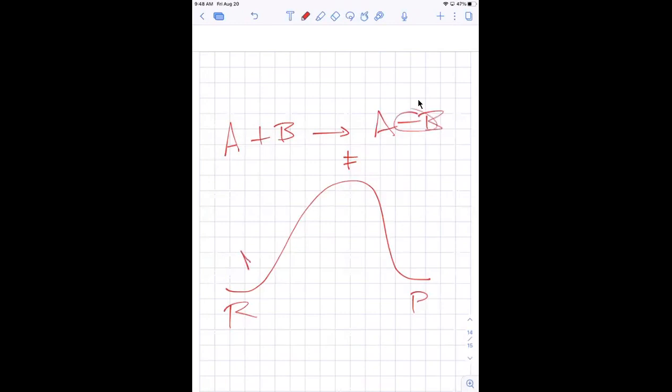So let's say A has the electrons and B doesn't. As A starts to share electrons with B, all the way up this path, at some point the bond between A and B starts to form. And so that's where you are right here at the transition state. That's when your bonds are being formed, the bonds are being broken.